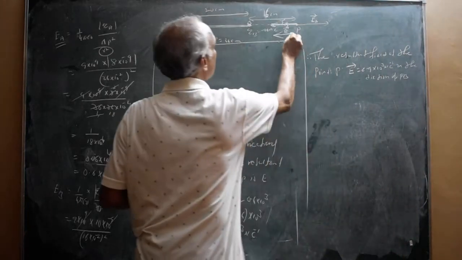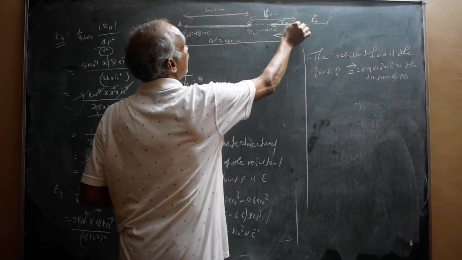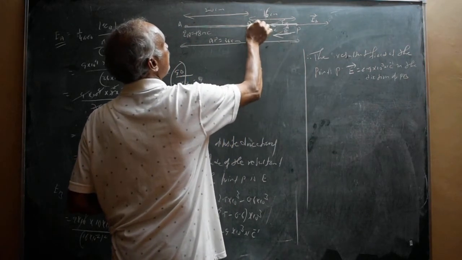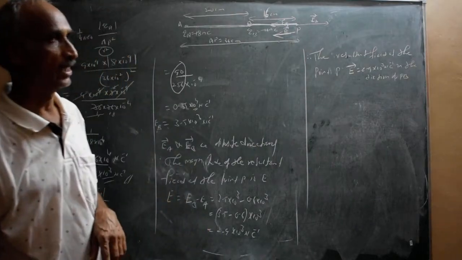This field E bar is in the direction of P to B.